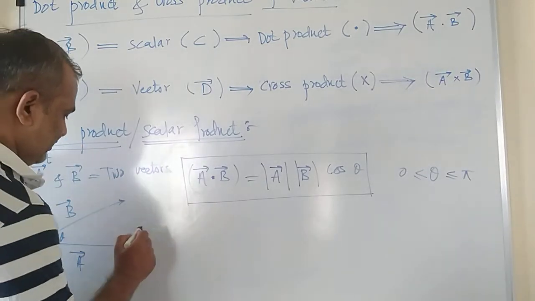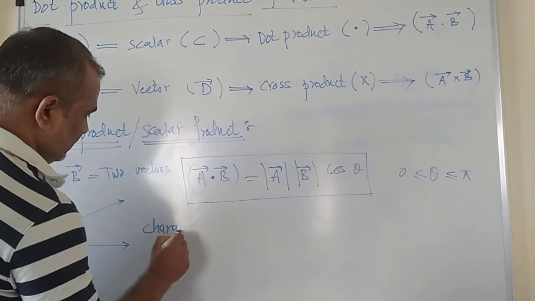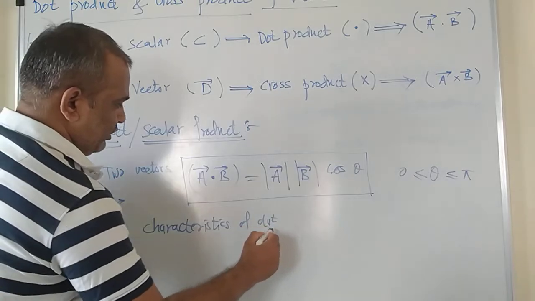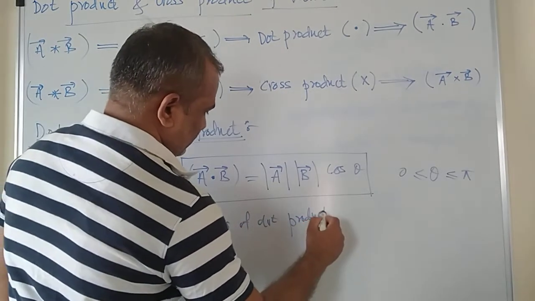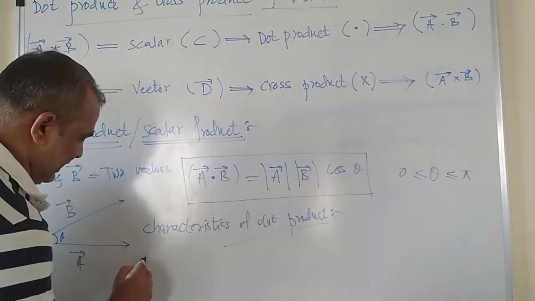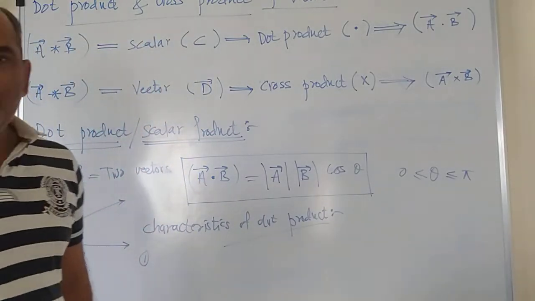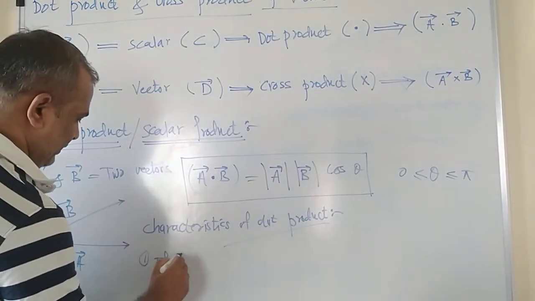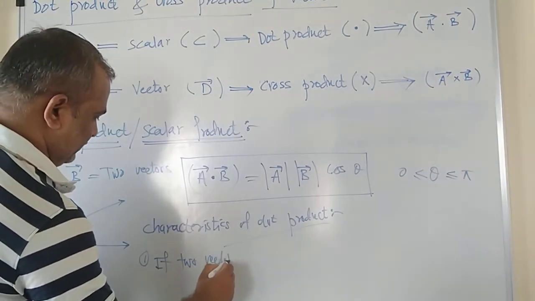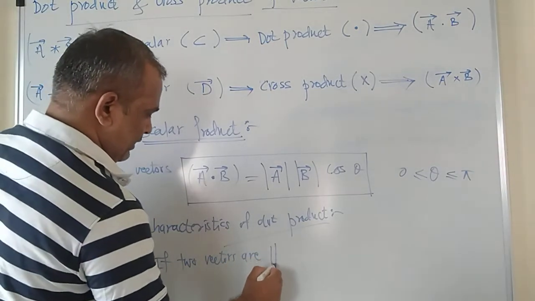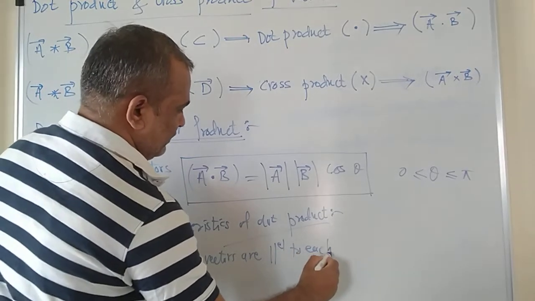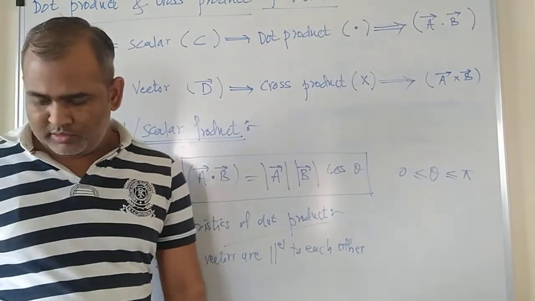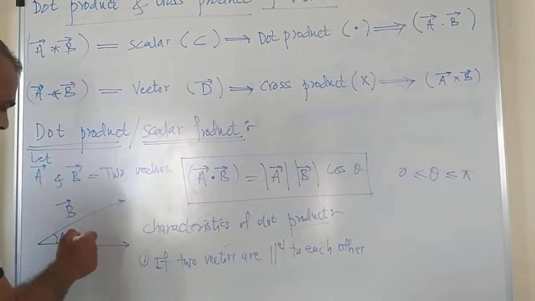Now let's go ahead and try to understand the characteristics of the dot product. What is the first characteristic of the dot product? If two vectors are parallel to each other, what is the angle between these two?